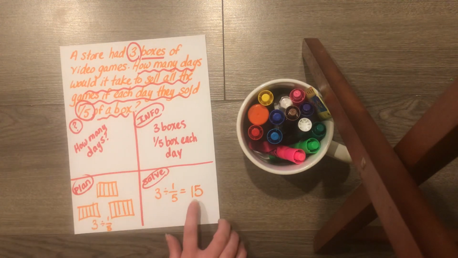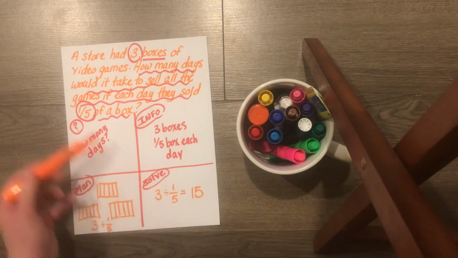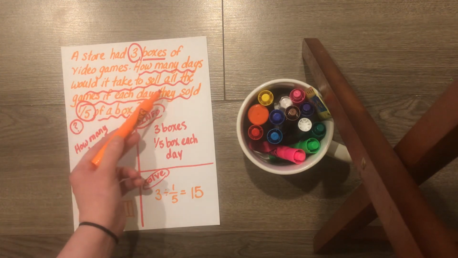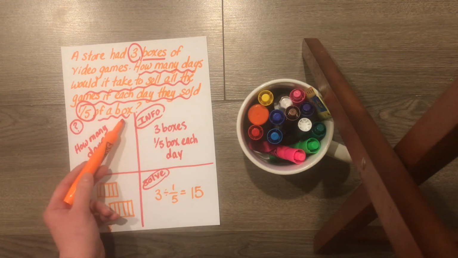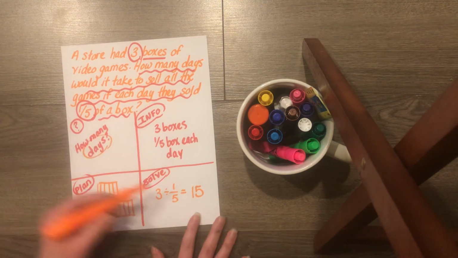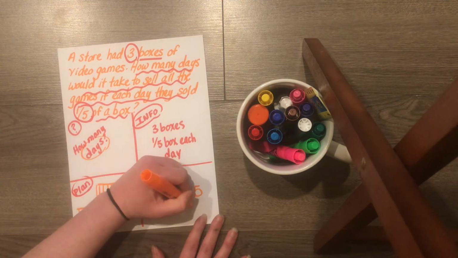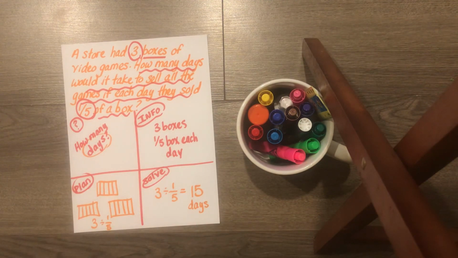We also have to find out what unit we're measuring in. We have, how many days would it take to sell all the games if each day they sold 1/5 of a box? So our question is how many days, and the answer that we got is 15 days. Does that fit? That seems reasonable to me.